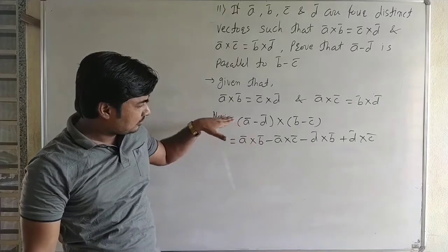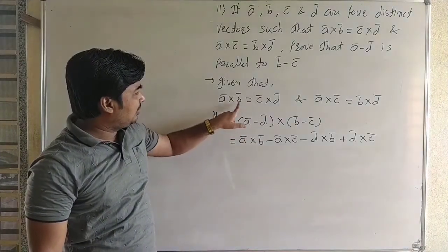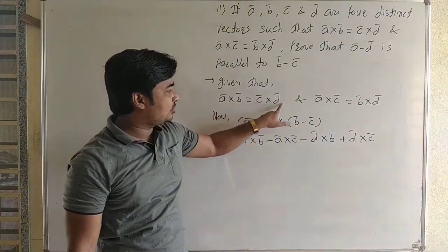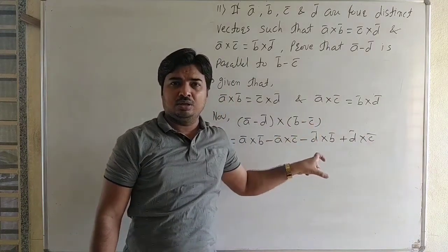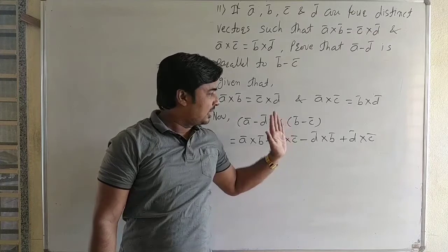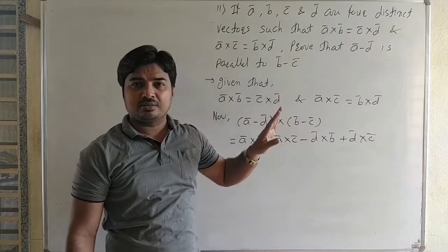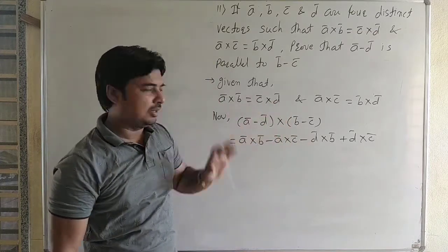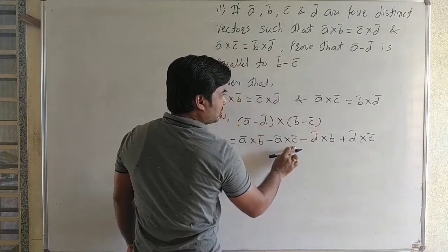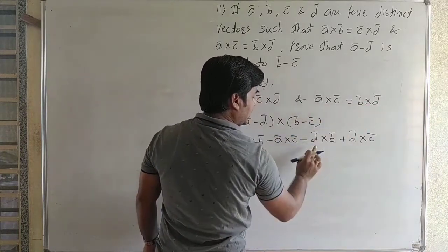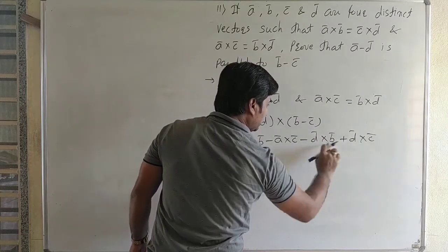Now here we know that a bar cross b bar is equal to c bar cross d bar. Here we use the property of the vector product: a bar cross b bar is equal to minus b bar cross a bar. Here a bar cross c bar is equal to b bar cross d bar, but here we have d bar cross a bar, so we change the last two terms.